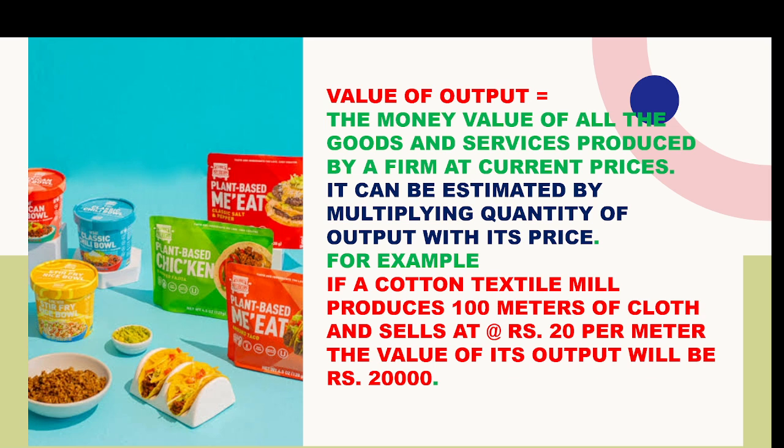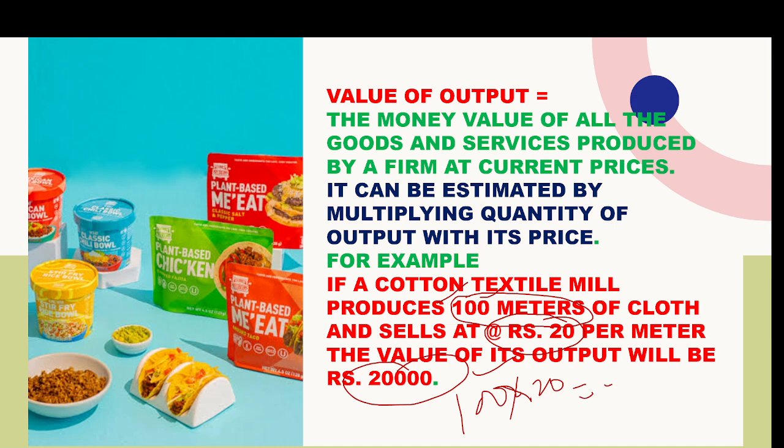You can see the example also. In a cotton textile mill, the mill is producing cotton textile, 100 meters of cloth which are sold at 20 rupees per meter. If it is sold at 20 rupees per meter, then the value of output will be 100 into 20.